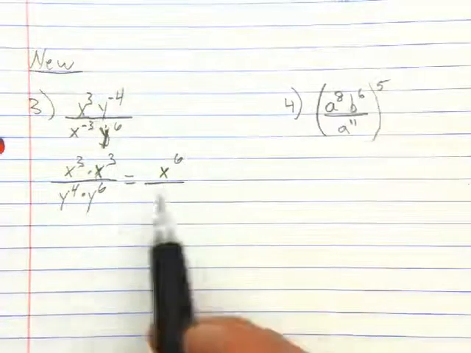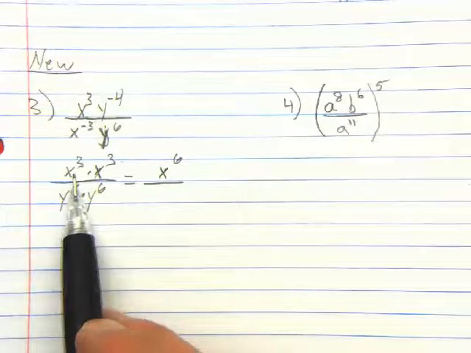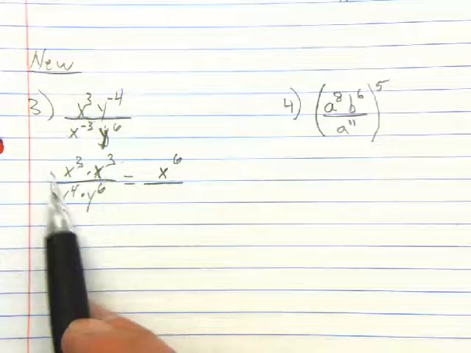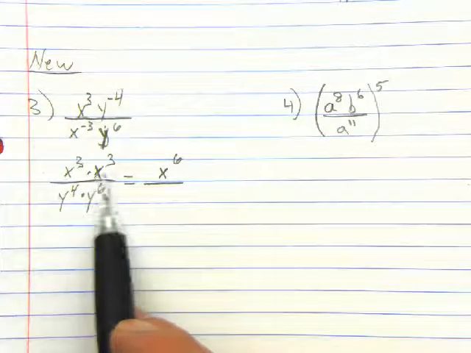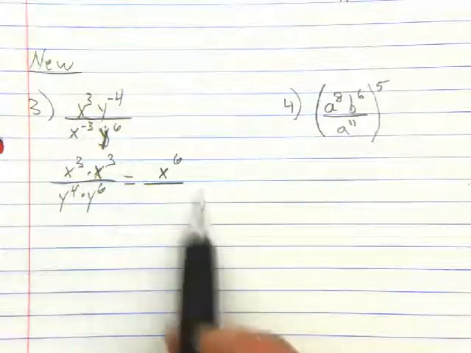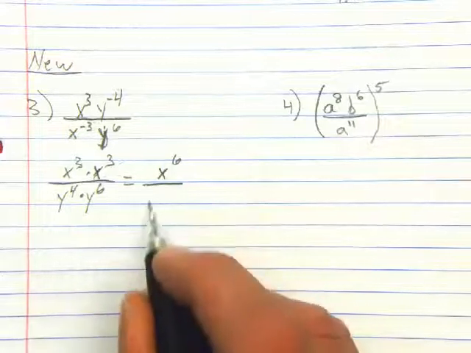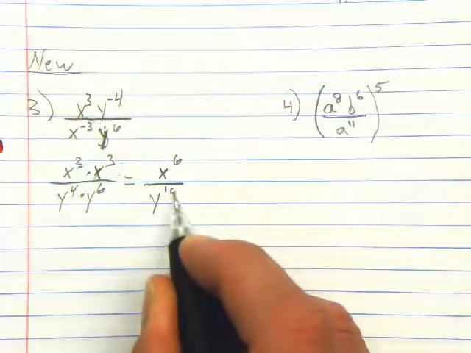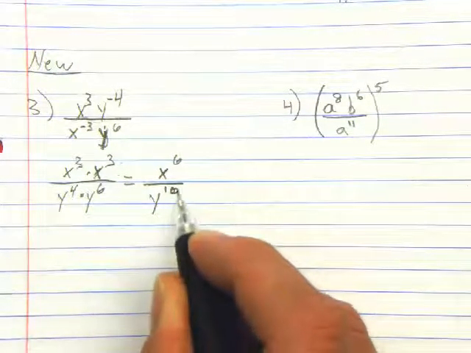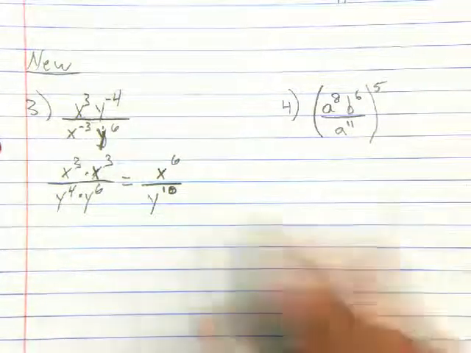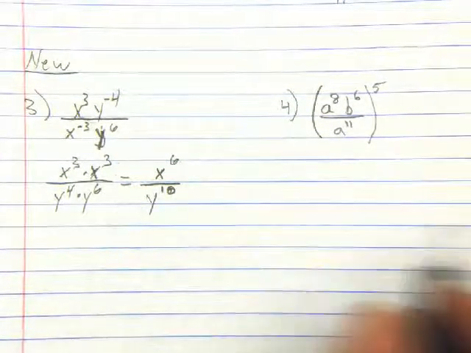Here, I'm adding these x's to these x's. I have x times x times x times x times x times x. There's going to be 6 x's up top, so there's going to be x to the 6th power. Here, I'm going to have y to the 10th power, because I'm at a total of 10 y's down below. And then that would be your final answer. All right? So x to the 6th over y to the 10th.